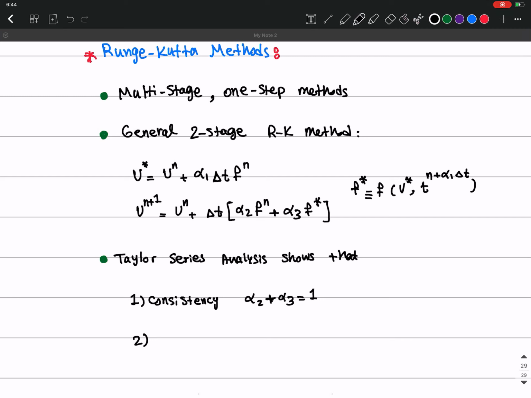And two, second order accuracy requires, so let me just show it. This is a general two-stage method, where alpha 2 plus alpha 3 should be 1.